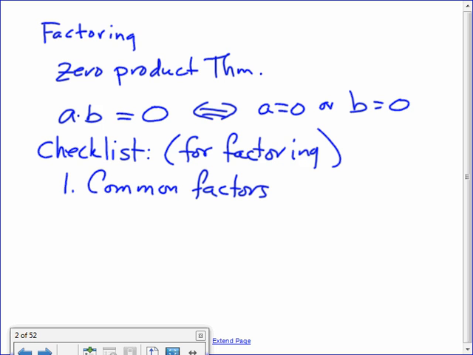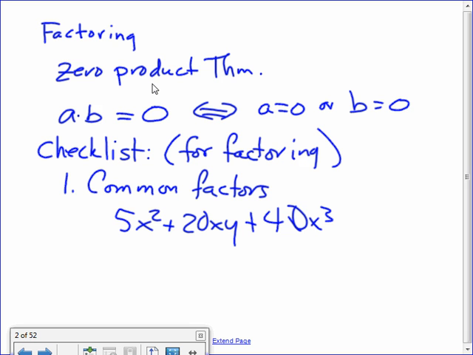Now, let me give you an example of that. If you have, for example, 5x squared plus 20xy plus 40x cubed, and you're asked to factor that, first of all, notice there's a factor of 5 in all three of those terms, and there's a factor of x in all three of those terms.